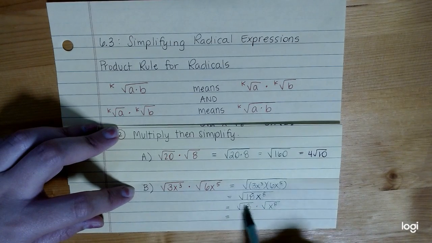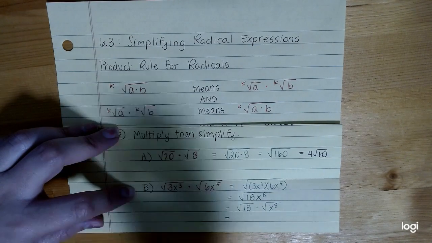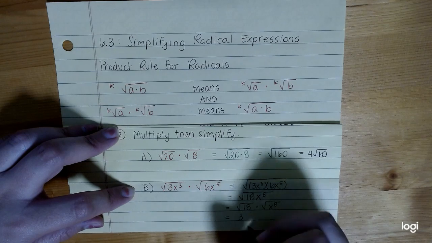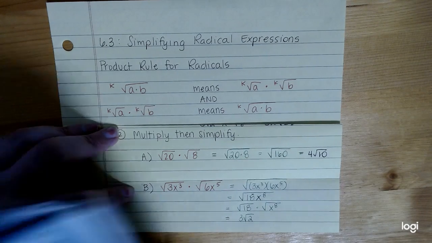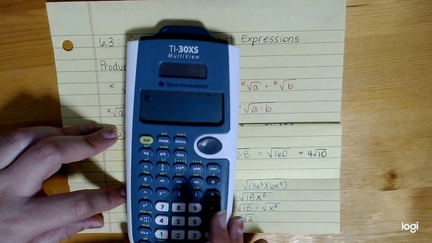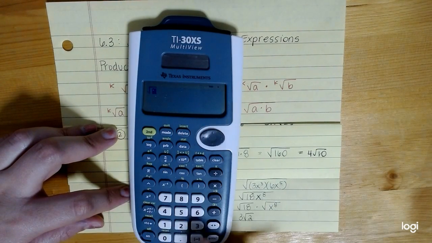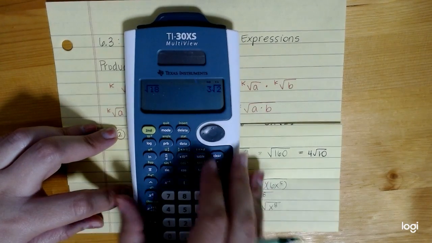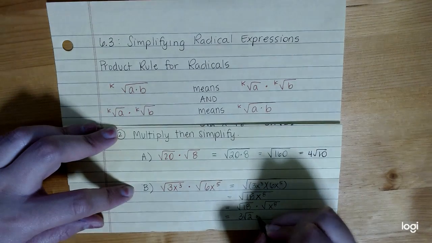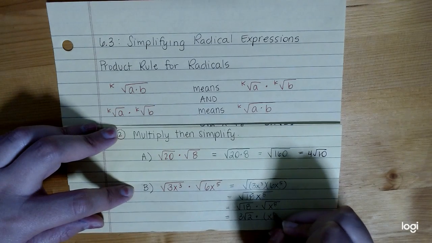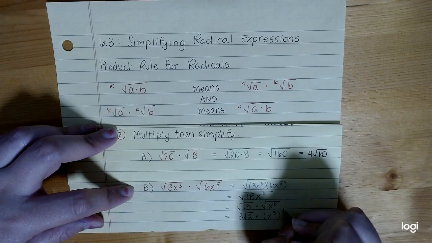So hopefully we remember that the square root of 18 is going to be 3 square roots of 2. And again, if you got this handy dandy calculator, you can definitely allow that calculator to support you with that. So 3 square roots of 2 times, so this is going to be x to the 8th to the 1/2 power.